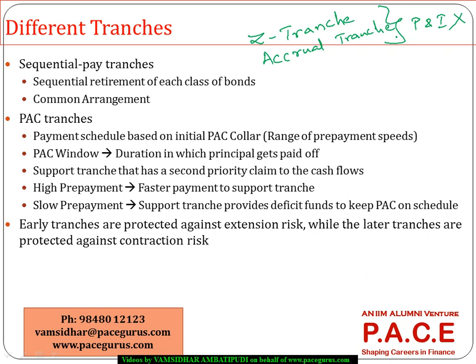Securities can be created as floaters or inverse floaters, where instead of a fixed interest rate, it is based on a floating or inverse floating rate, as part of the sequential pay tranches. But the other most common CMO arrangement that we see is the planned amortization class, PAC.